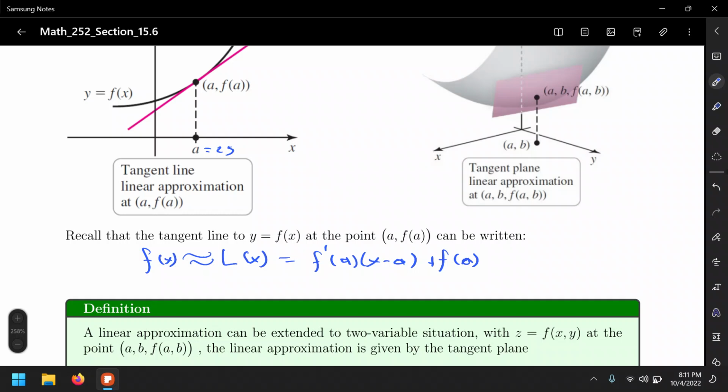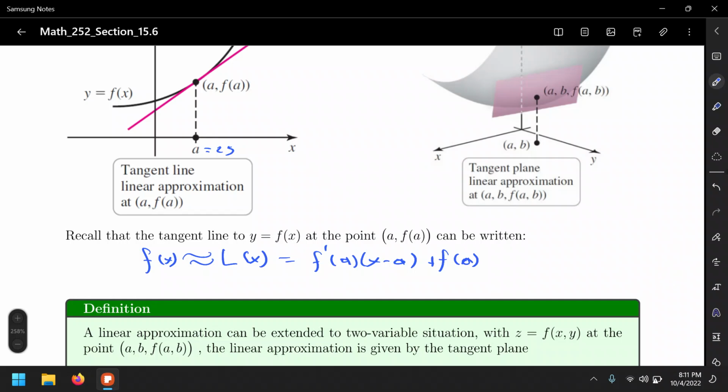We started with f of a, plus f prime of a times x minus a, and then we were adding more terms. That's f double prime of a, x minus a squared over 2 factorial, plus f triple prime of a, x minus a cubed over 3 factorial. Remember those expansions that took forever to do? Well, lucky for us, this time we're not doing anything beyond the linear one.